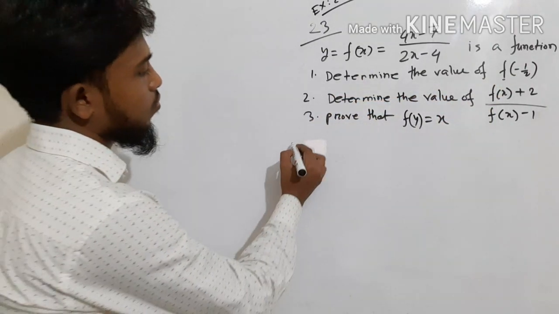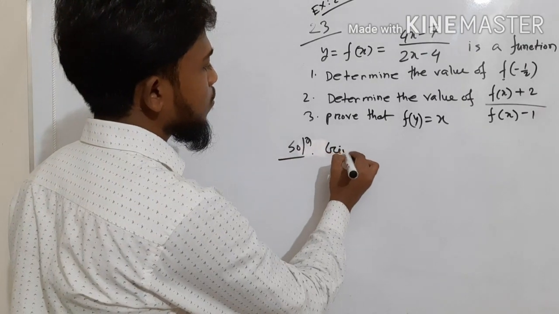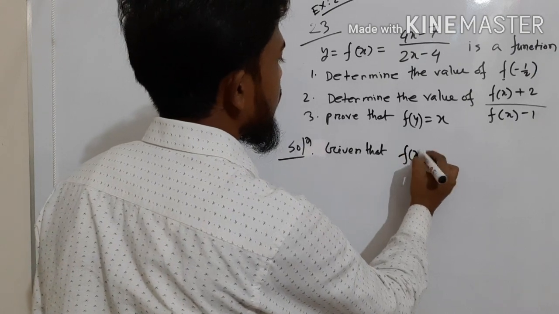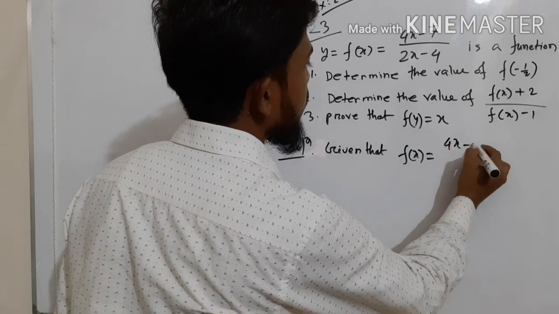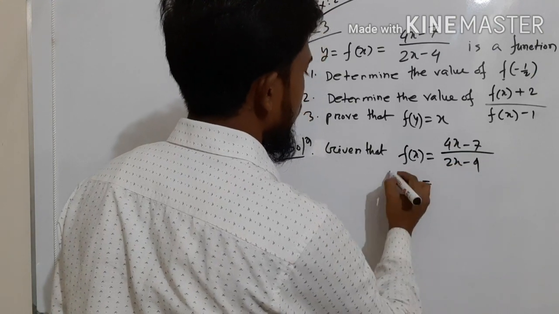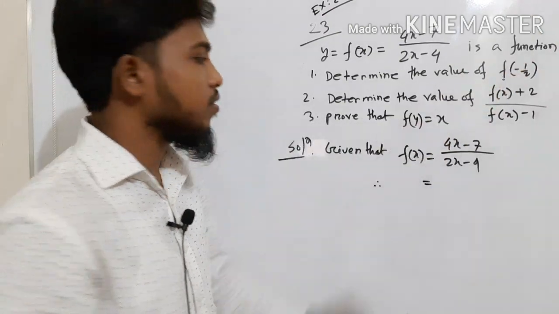So look, given that f of x equal to 4x minus 7 divided by 2x minus 4. So replace x by minus half.